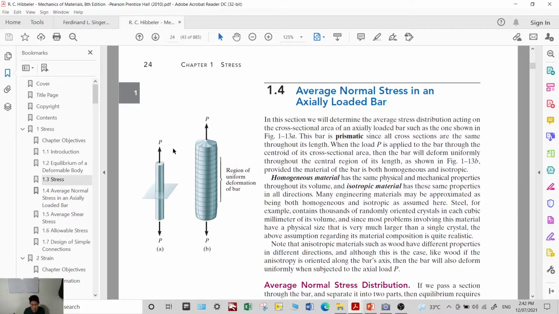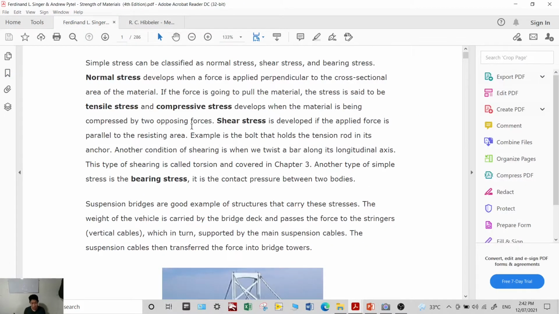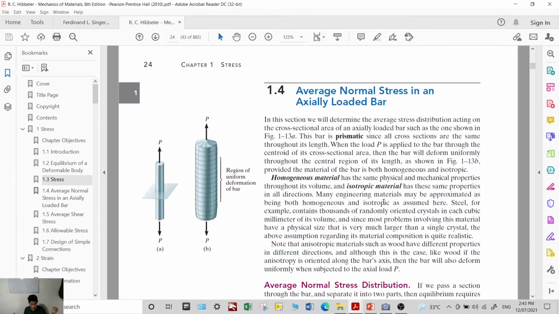The normal stress, from the word itself, is normal, meaning perpendicular to your area. We have two types of normal stresses: the tensile stress and the compressive stress. Tensile means you pull the material, you stretch it.